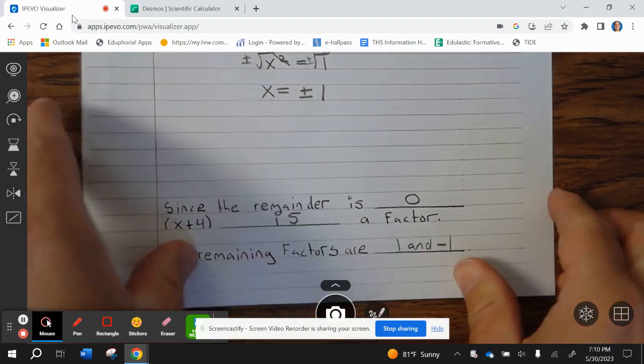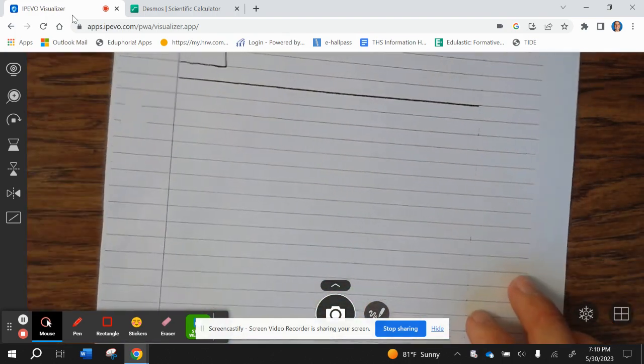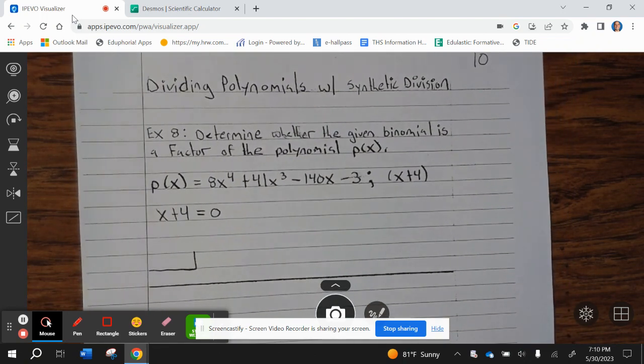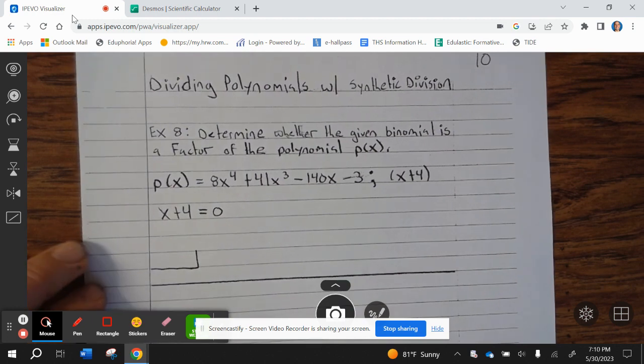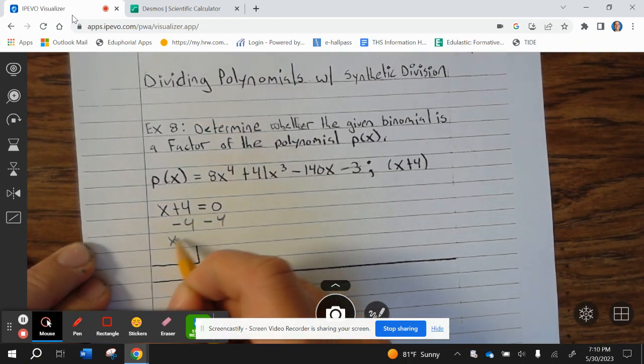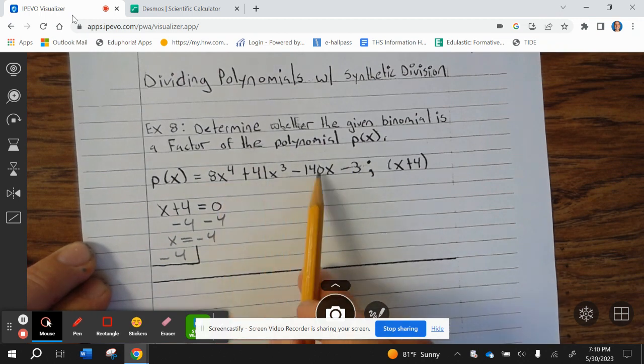All right, let's go and take a look at the last example. All right, determine whether the given binomial is a factor of the polynomial p of x. Okay, so we subtract 4 from both sides. So x equals negative 4. So negative 4 goes here. We have 4, 3. We're missing a 2.